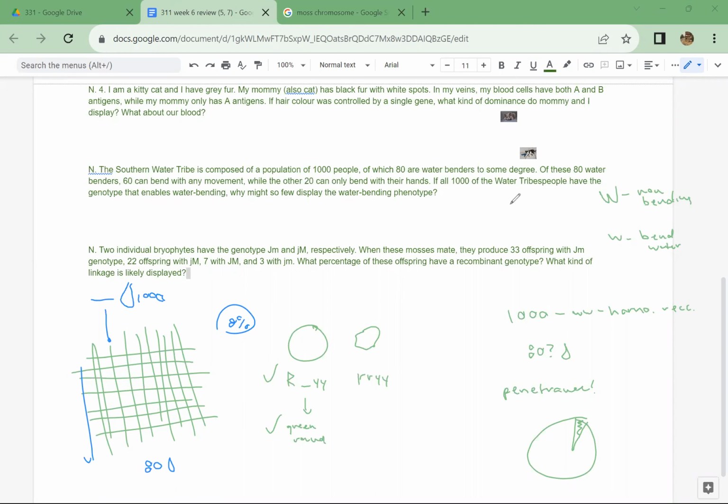So if I asked you what the penetrance of this gene was in the population given this information, you would know that penetrance is just a frequency or a percentage of how many times a gene is expressed in a population, divided by the total number of people who could have expressed it in that population.